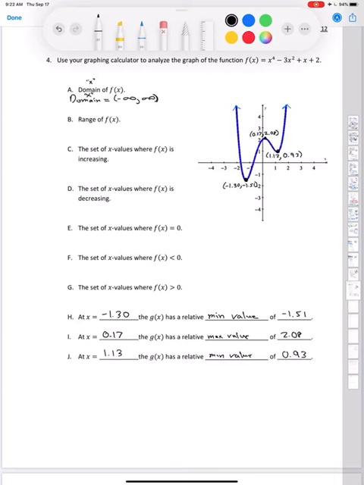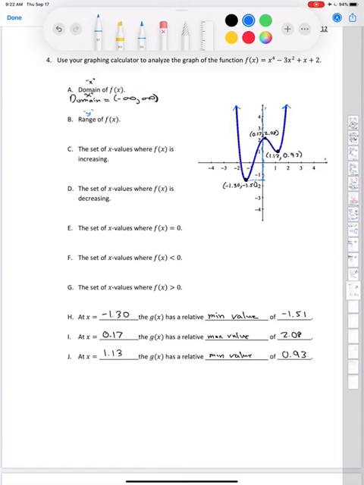Now our range is where this graph takes place on the y-axis. So range are those y values. Now our range is not all real numbers. So let's look down here. Our graph begins at that min point on the left-hand side over there at negative 1.3. We had a min value of negative 1.51. Well, that's where our range begins. That's our smallest y value. If I were shading in the y-axis, I'll shade it right here in blue with you.